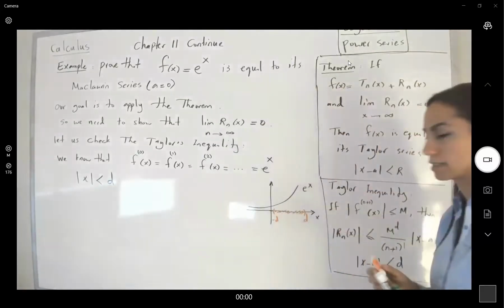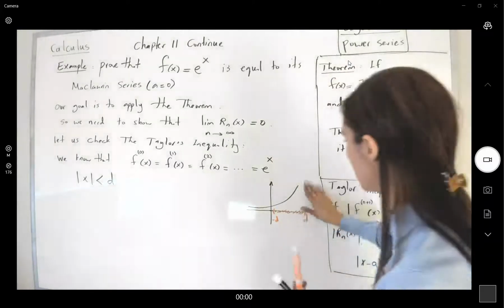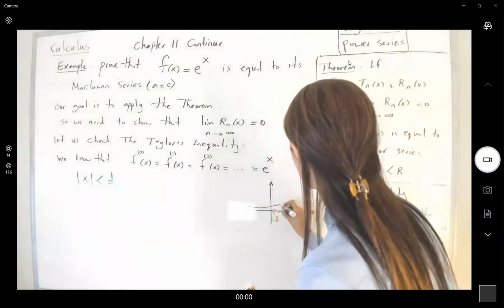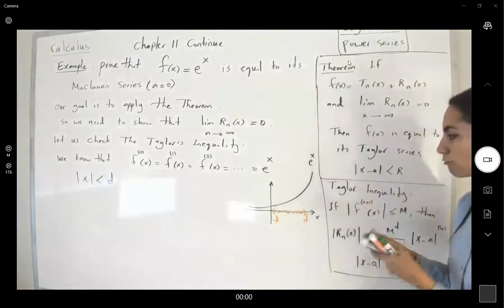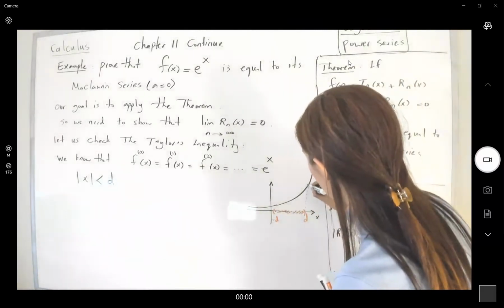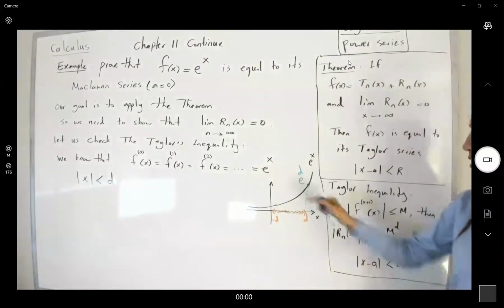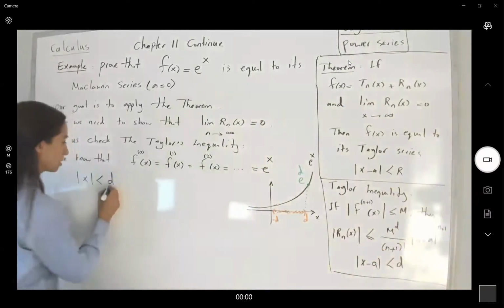On the x-axis, your x is bounded between two numbers, negative d and d. And when you look at your function e to the x, your y values take on the maximum value of e to the d. e is a number, d is a number, so this is a number.